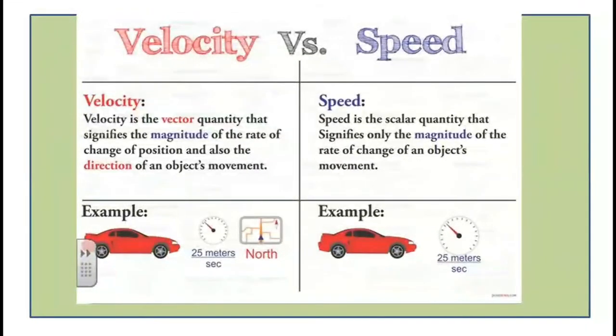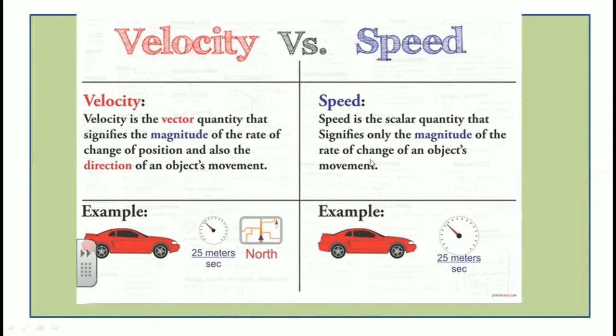And here we observe another example, velocity versus speed. Velocity is a vector quantity that signifies the magnitude of the rate of change of position and also the direction of an object moving. For example, a car is moving at 25 meters per second toward the north.